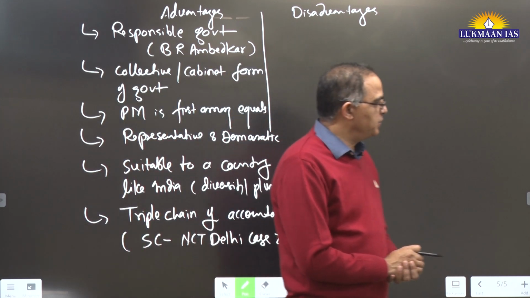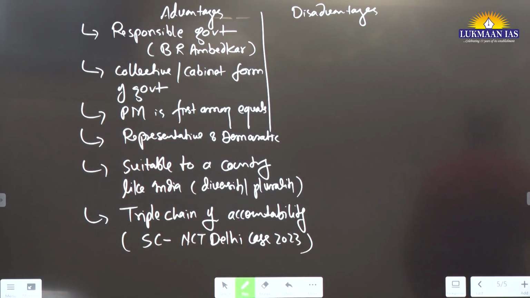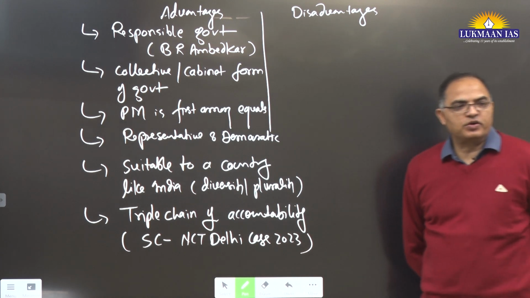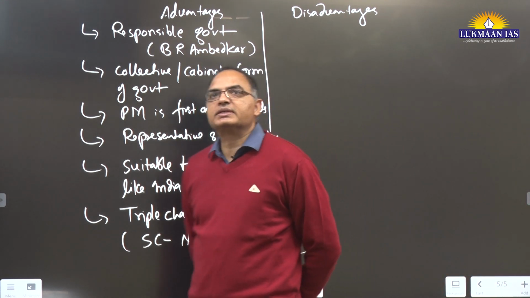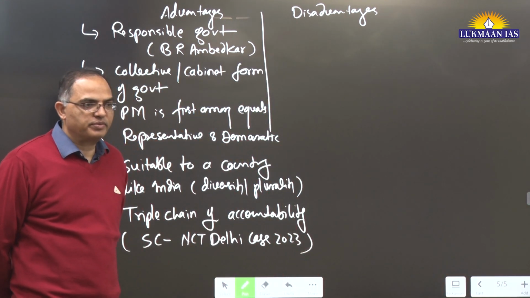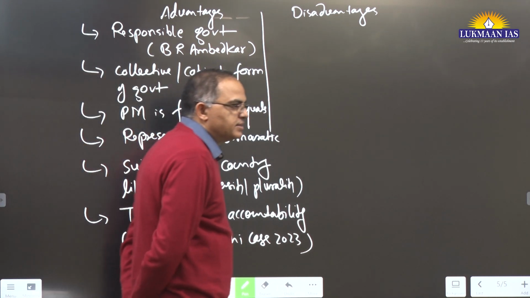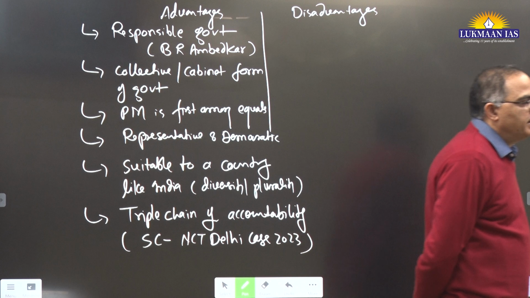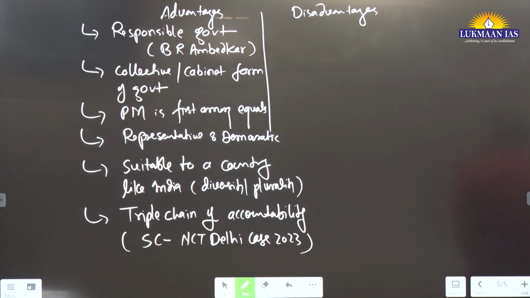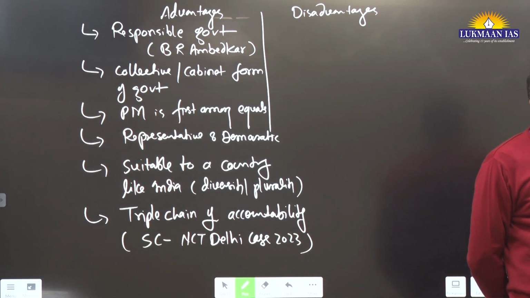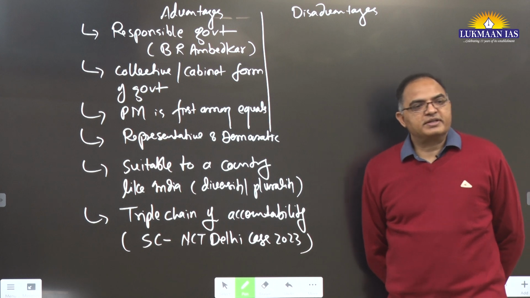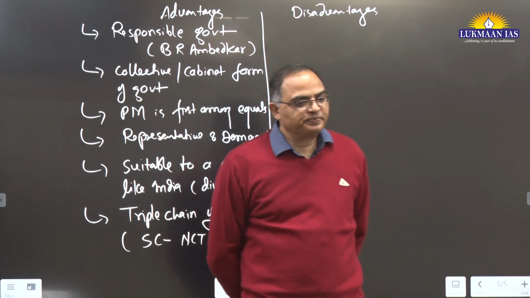Later somewhere we will tell you about the triple chain of accountability. One day we'll teach you accountability, and there we'll teach what the triple chain of accountability is. Government is responsible to parliament, parliamentarians are responsible to people, administration is responsible to the executive.